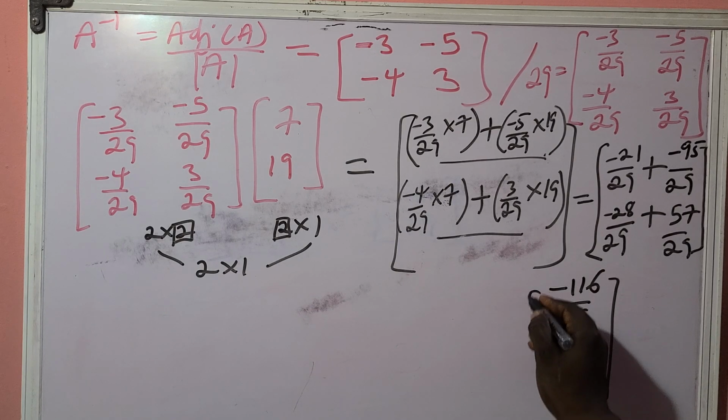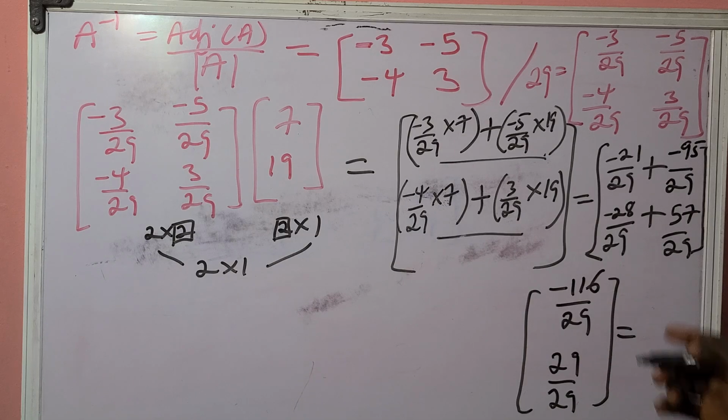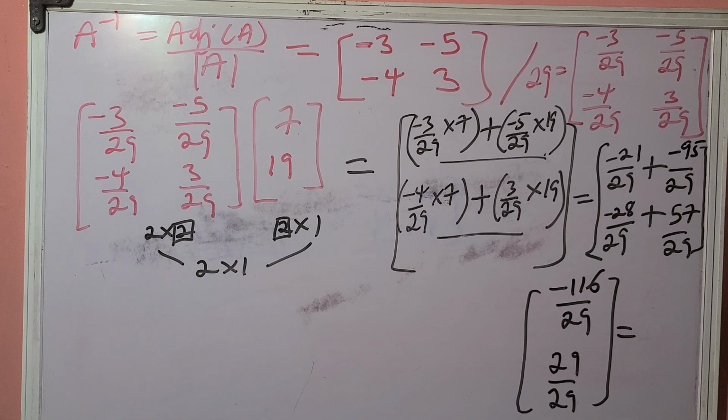So if you go on to solve this, minus 116 over 29 will give you 4. That will be minus 4 as my row 1 column 1 and 1 as my row 2 column 1.